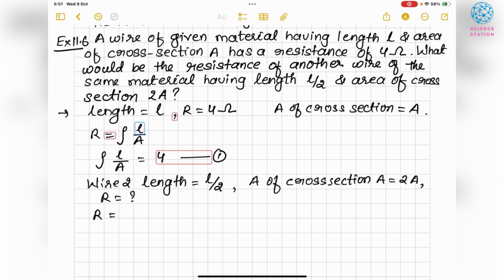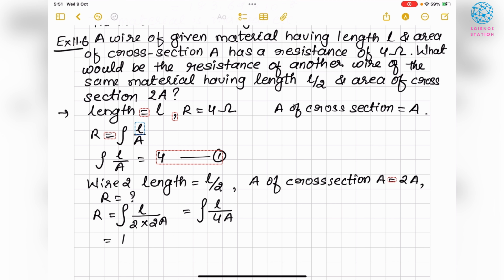So there R will be equal to resistivity L upon 2 into 2A. That L upon 2 I have written L upon 2 upon 2A. So that will be resistivity of L upon 4A.